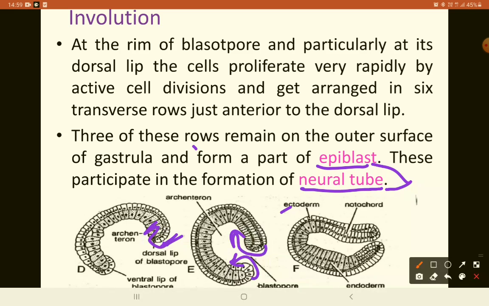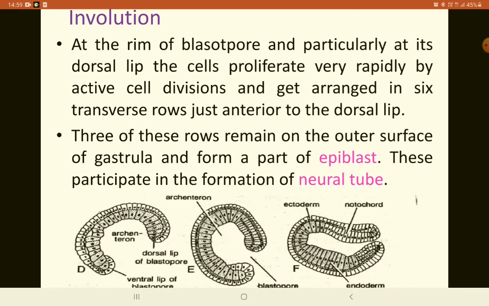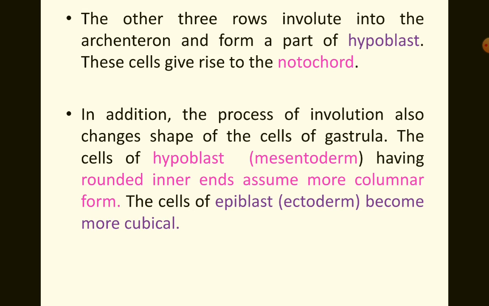They involute inside, and as they involute, observe the change in shape of the cells. Earlier they were tubular here. If you observe these layers, they are tubular blastomeres, but by the end here they have become a little columnar in shape. So the other 3 rows involute into the archenteron and form the part of hypoblast, which in turn gives rise to notochord.